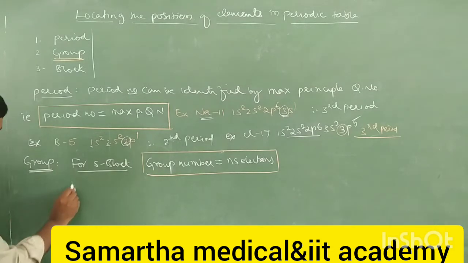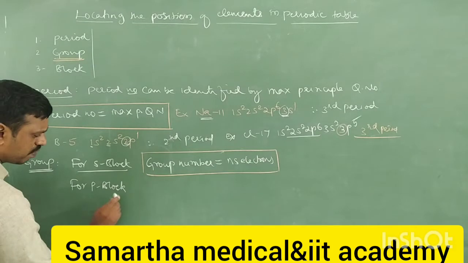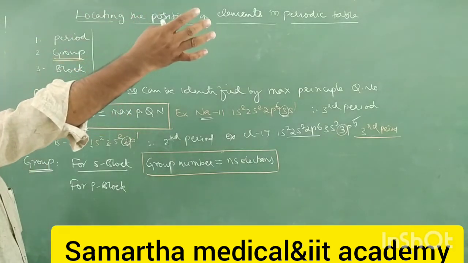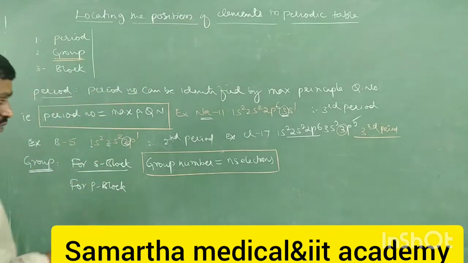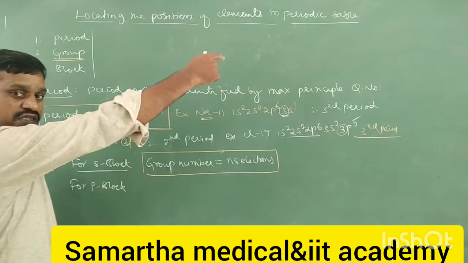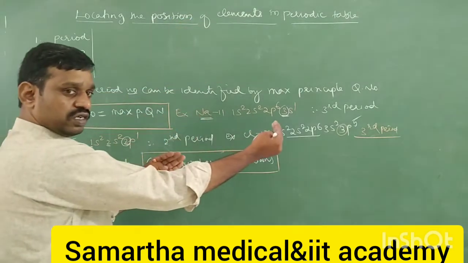Whereas for a p block element, can you tell me where the p block elements are present? After the d block, on the right side. The s block has groups 1 and 2, then the p block is 13, 14, 15, which means the middle is the d block.